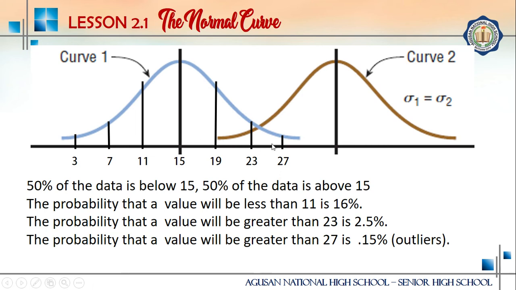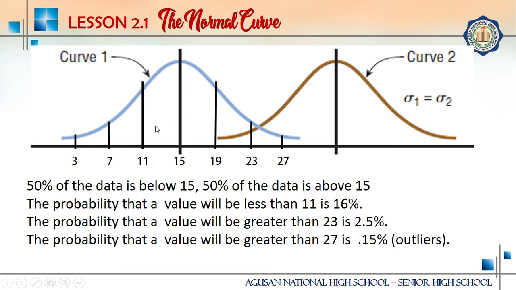is above 15. The probability that a value will be less than 11 is 16%. How did we obtain the 16%? Notice that above the mean is 50%, and then this is the one standard deviation, which is the 68%.